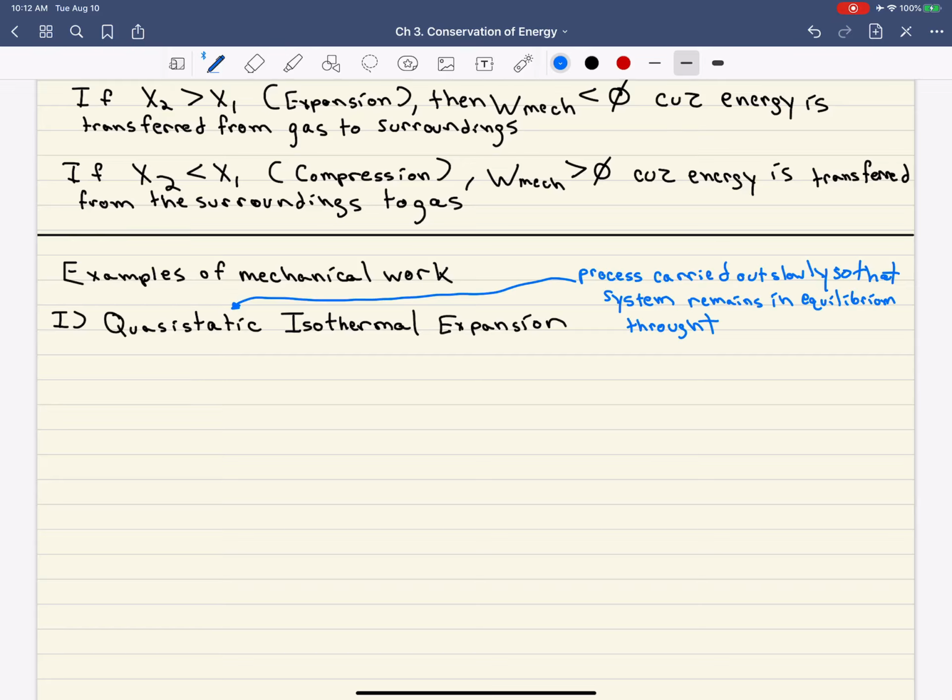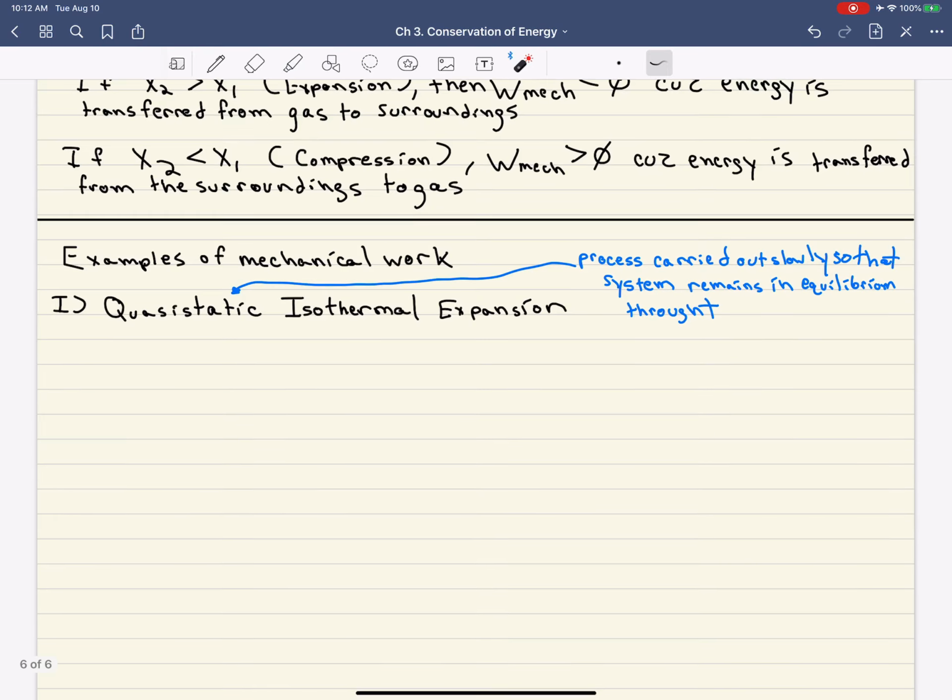All right, and that's going to be important because when we start applying things like the ideal gas law or more complex forms of pressure equations, all those equations are only applicable for systems that are in equilibrium. Okay? We'll go into more detail about that later, but for now, all you should focus on is that quasi-static means that the process is carried out very, very slowly.